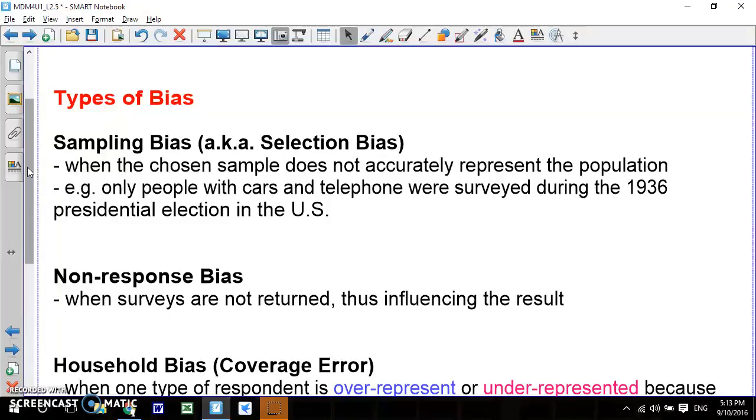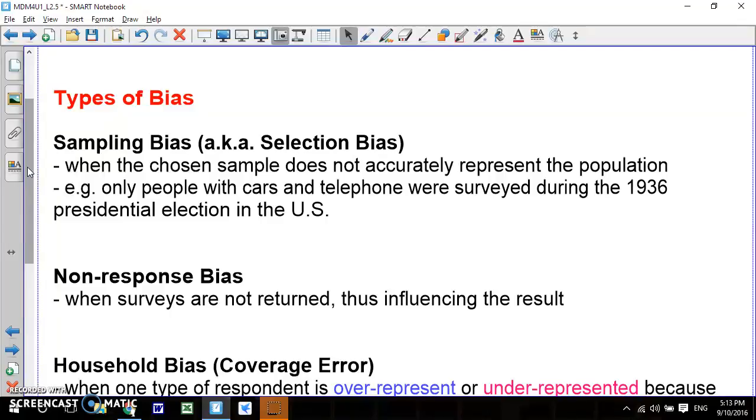So when the chosen sample does not accurately represent the population, then we have a sampling bias. An example for this is only people with cars and telephones were surveyed during the 1936 presidential election in the US.